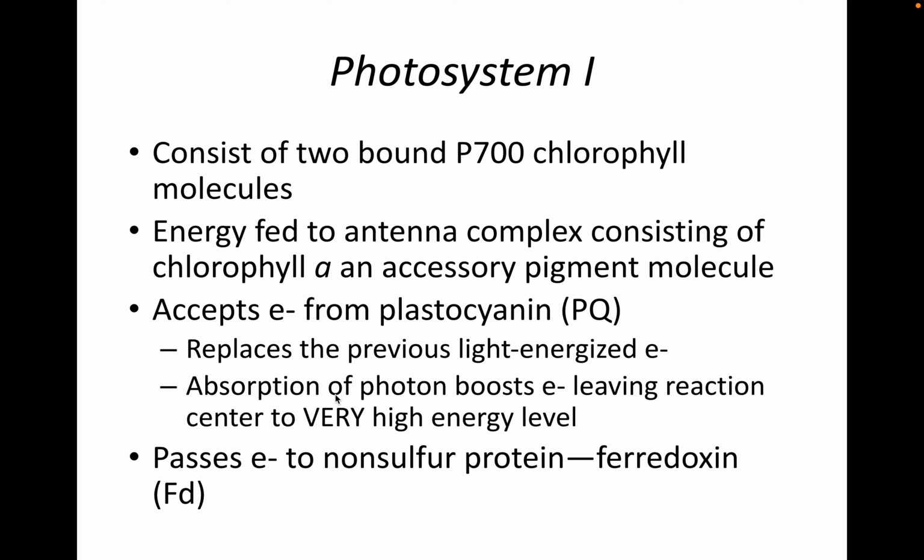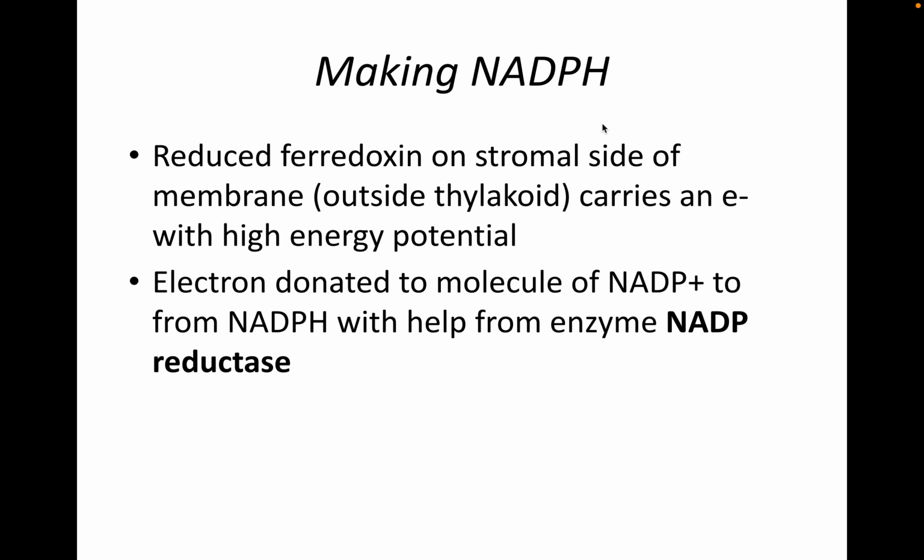They absorb some more photons from the pigments up here, and they reach a very high energy level where they will get passed on to an iron-sulfur protein called ferredoxin. Then ferredoxin will get reduced because it picks up those electrons. We are now on the stromal side of the membrane, and it will carry those electrons and donate them to NADP plus to become NADPH through an enzyme called NADP reductase.